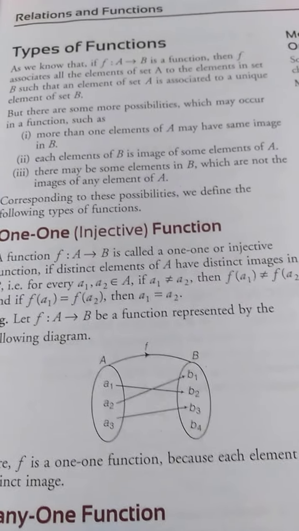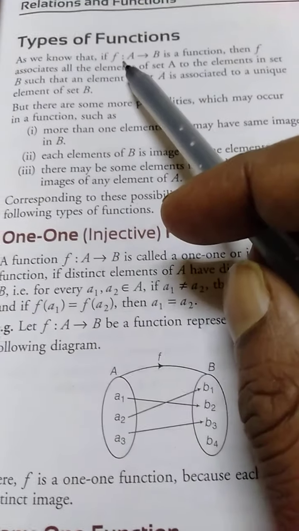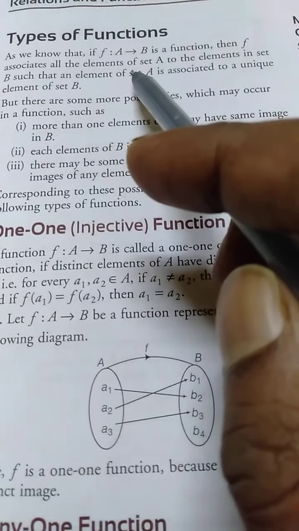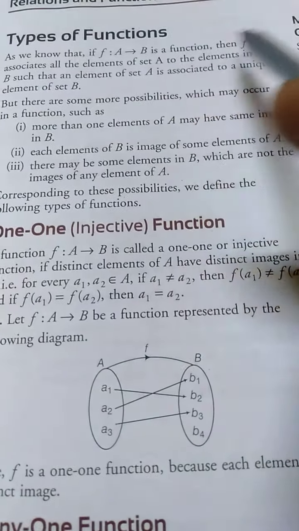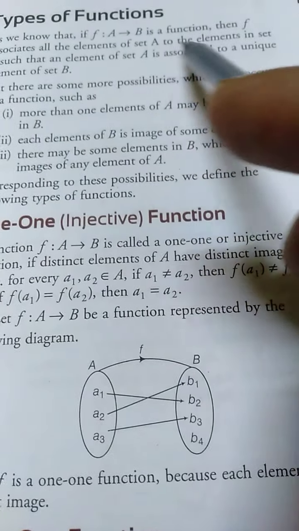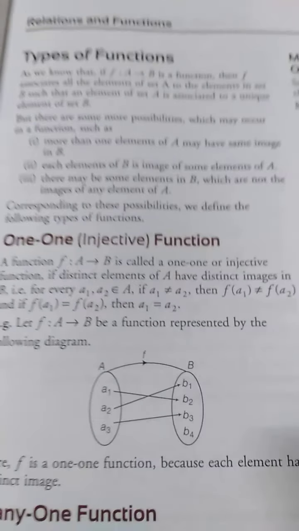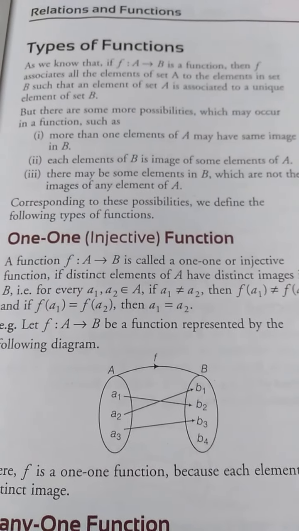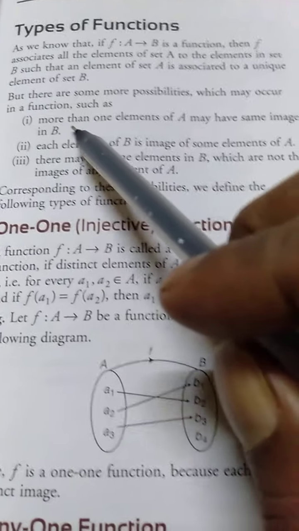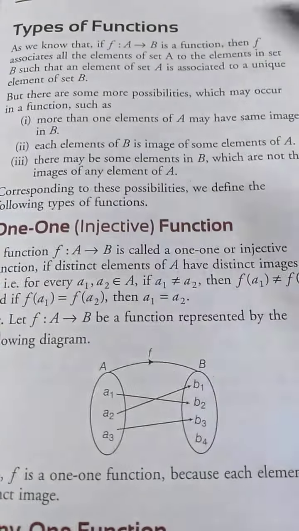Now what actually is a function? If f is a function from A to B, then f associates all the elements of set A to elements in set B, such that more than one element of A may have the same image in B.